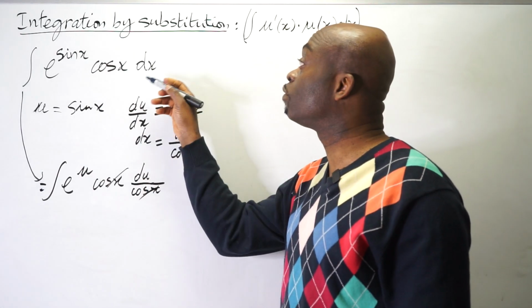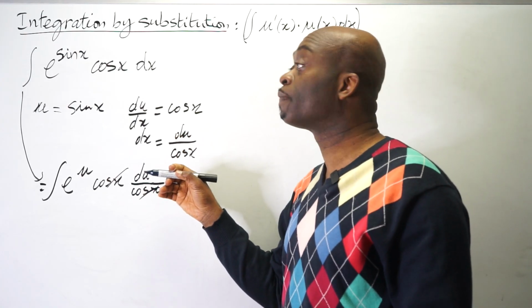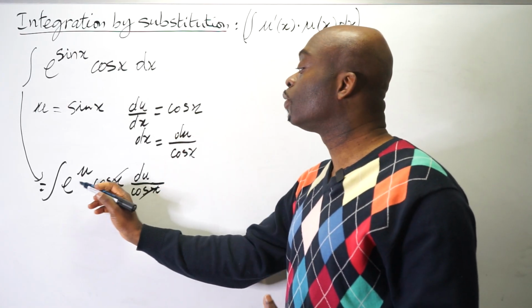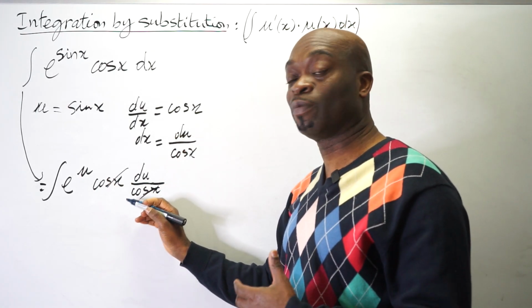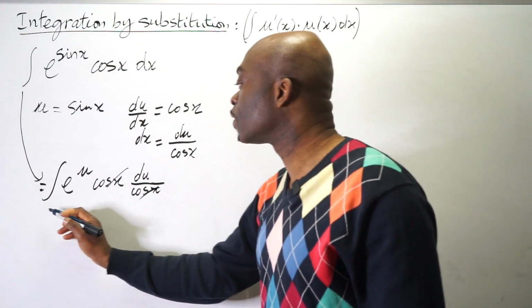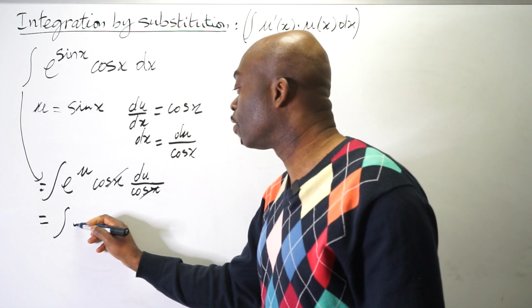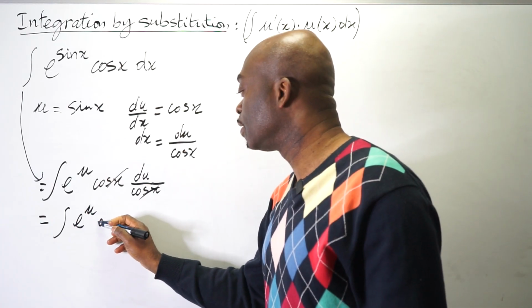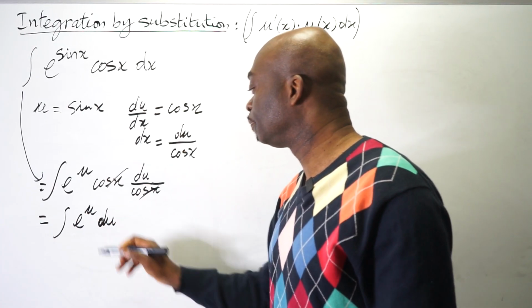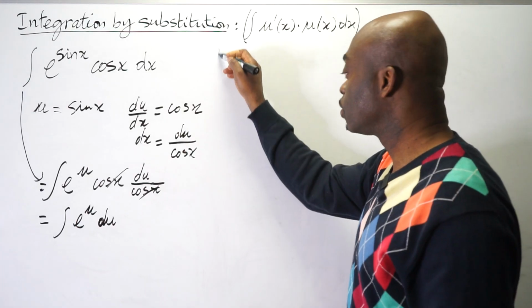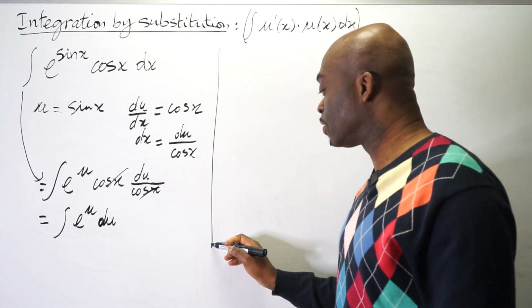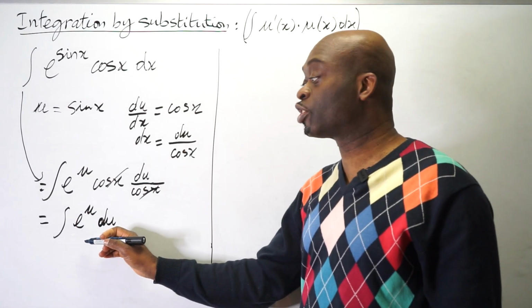Most of the time when we're dealing with integration by substitution in these ways, for multiplication of them, once we get to this level, we are able to simplify something. So once we have that, we end up with the integral of exponential u du.